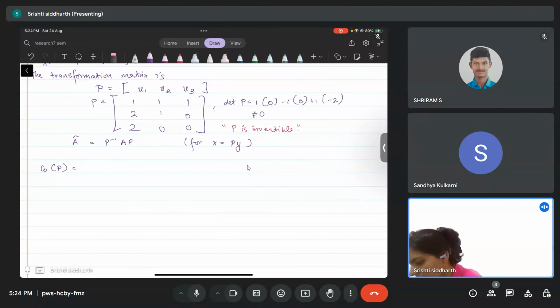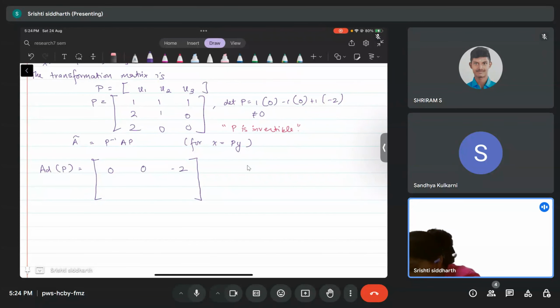Let's continue with the inverse. We already have the determinant. So now we need the cofactors of this. So we have the adjoint first. Adjoint of P. First one is 0, then we have 0 again, and then we have -2.